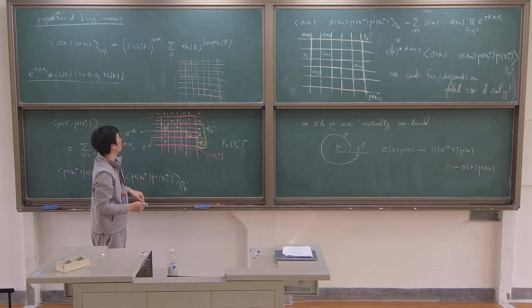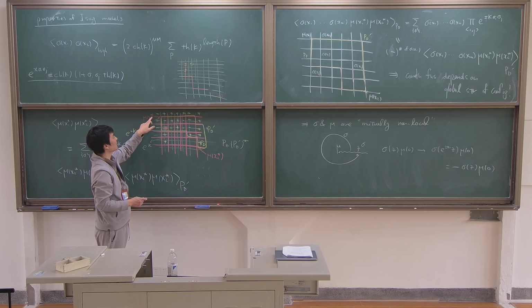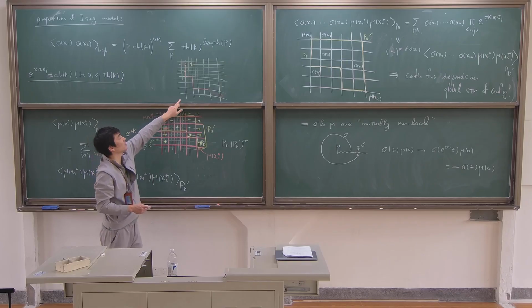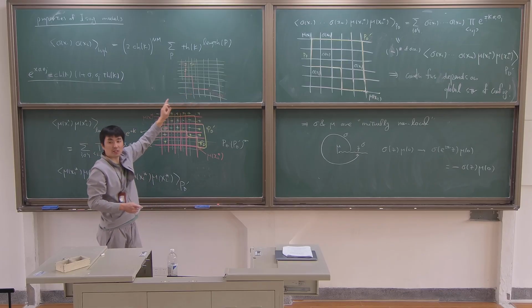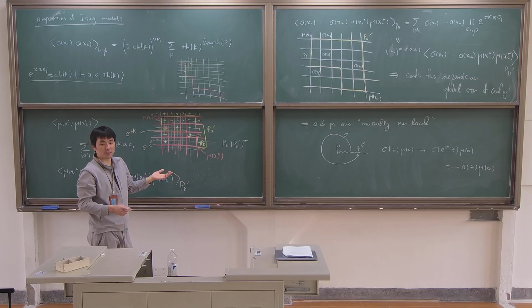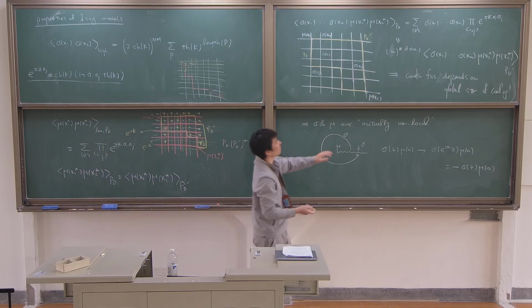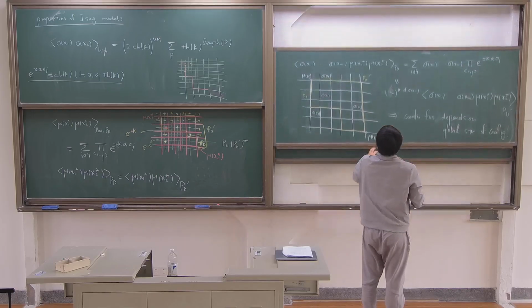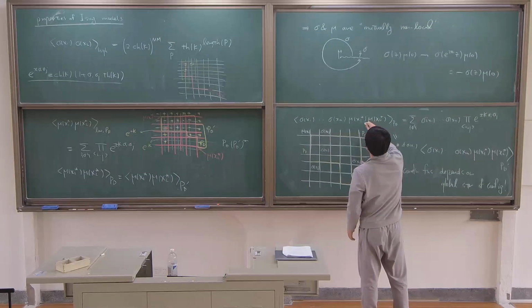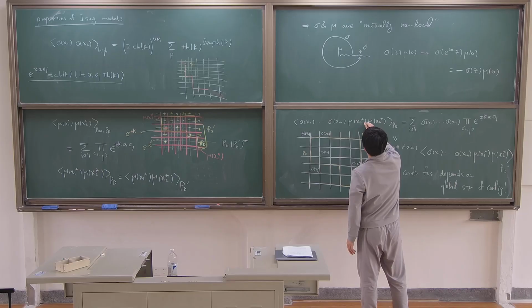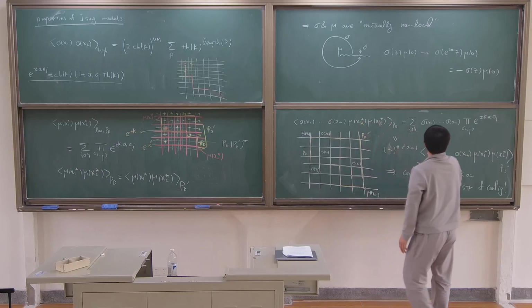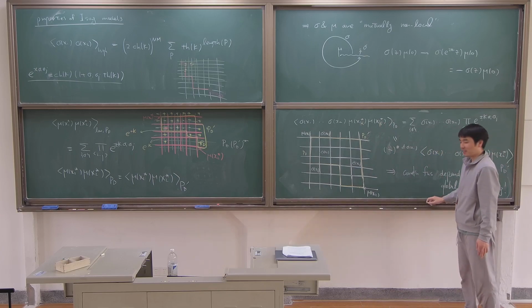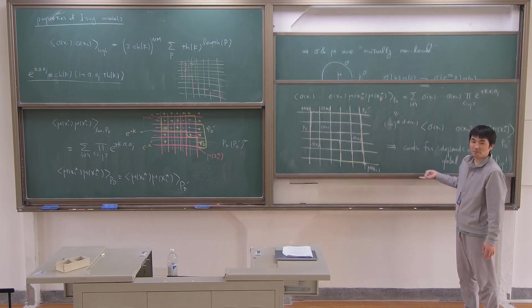I mean, x1 is the position in the lattice, and x1 star is the position in the dual lattice. Why do we call it x1? I mean, you can call it something different. Alpha, beta, that's also okay. It's just a name.